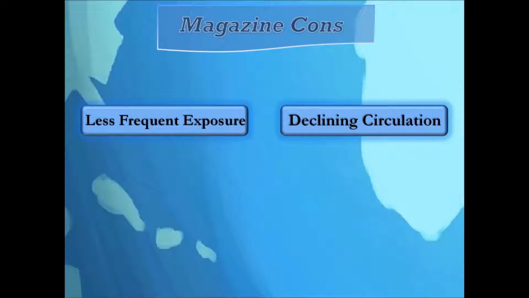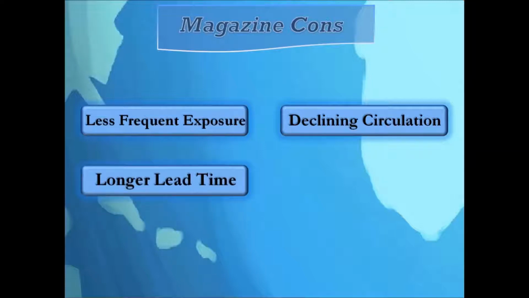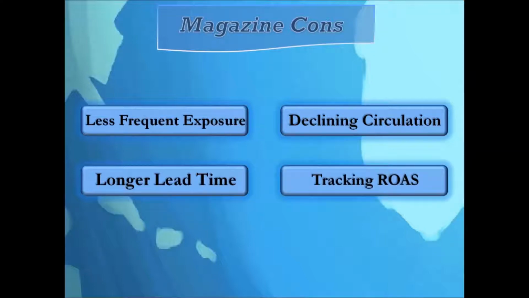Just like the newspaper, there's less and less people reading the magazines. Longer lead time. If you're in a hurry to let the world know about your business or your latest product, then this might not be ideal because it could take a few months before an ad is published. Tracking ROAS. It's hard to tell where your customers are coming from.